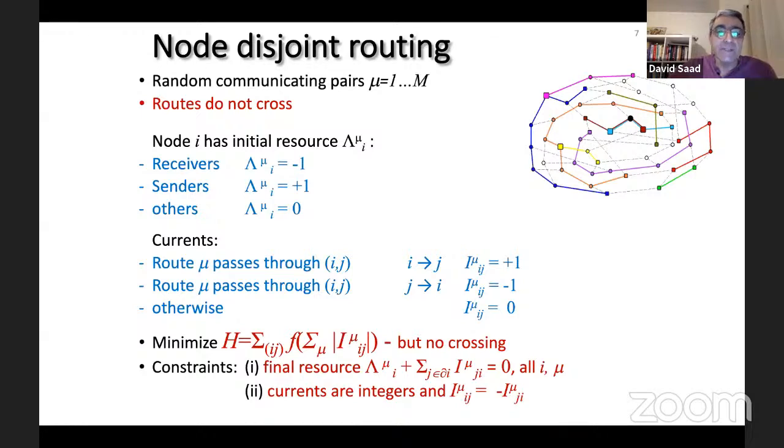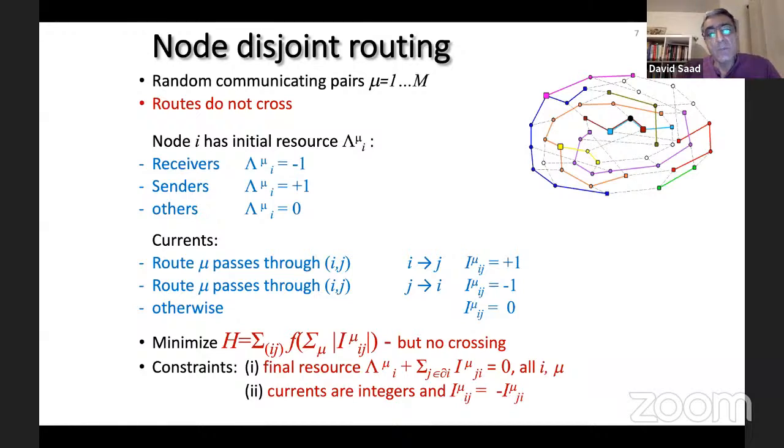Each one of the receivers has resource -1, so it has to receive a communication. Senders have +1, and all of the others simply have no resource of themselves. They are not producing or receiving an extra message.